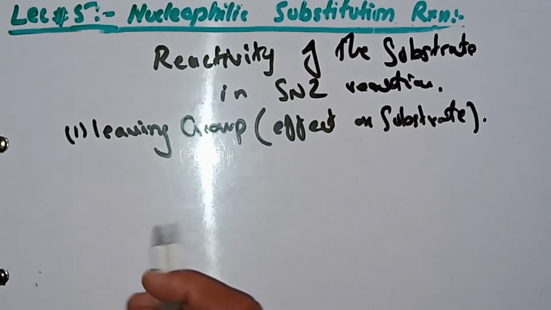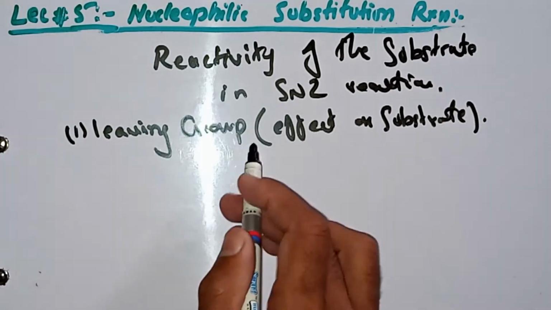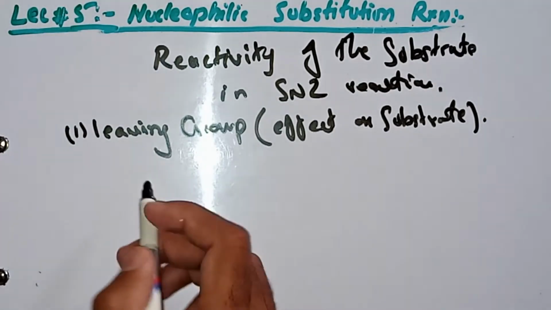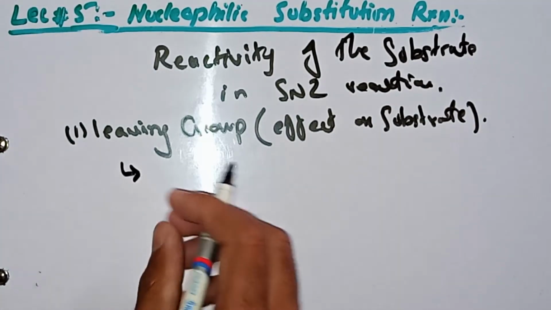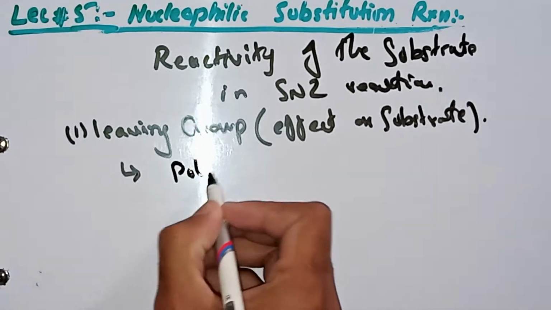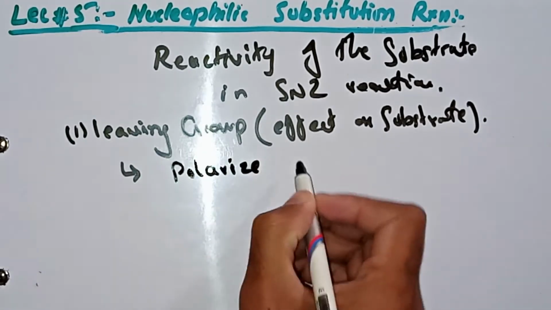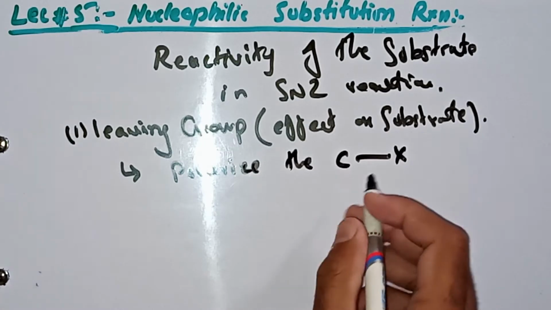The leaving group serves two basic purposes in SN2 reaction. The first purpose of the leaving group is to polarize the C-X bond. X is the leaving group while C is the electrophile.